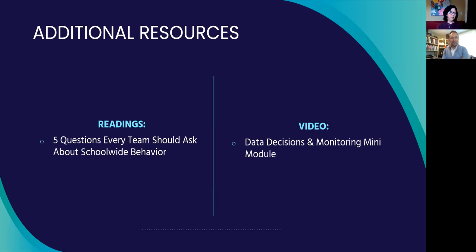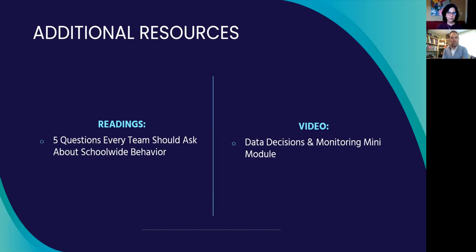Before we move into our content, we want to share a few resources with you. PBIS Apps has a section called Teach by Design, which has lots of wonderful articles and tools. And there is a blog post called 5 Questions Every Team Should Ask About School-Wide Behavior.